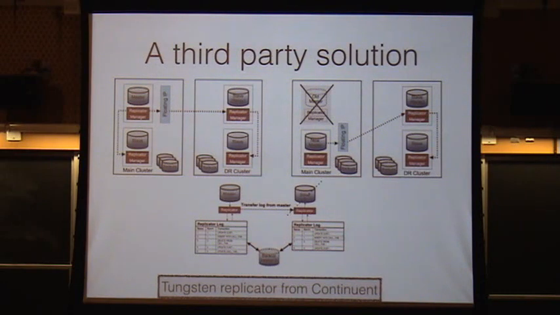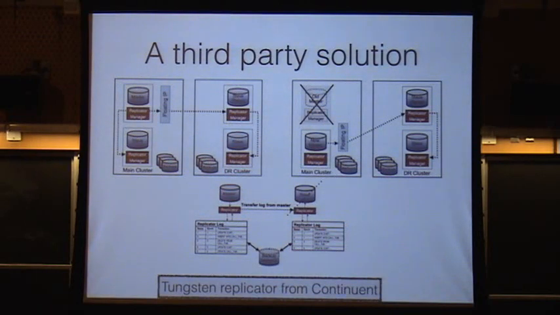The thing that you will find here is that that replicator will insert a global transaction ID before passing the binary log from the master to the slave.